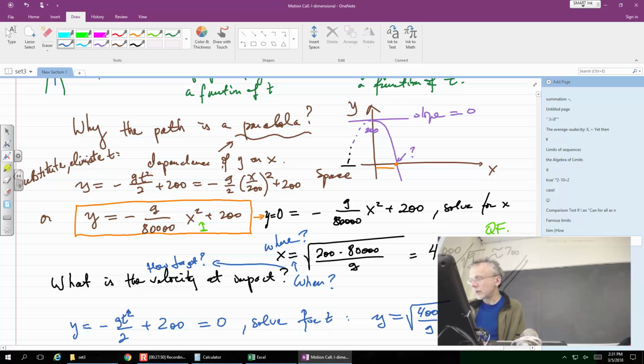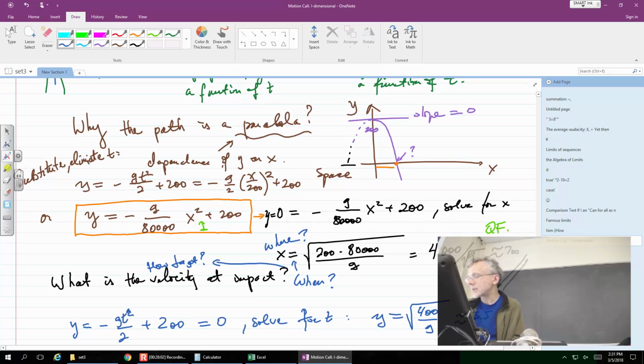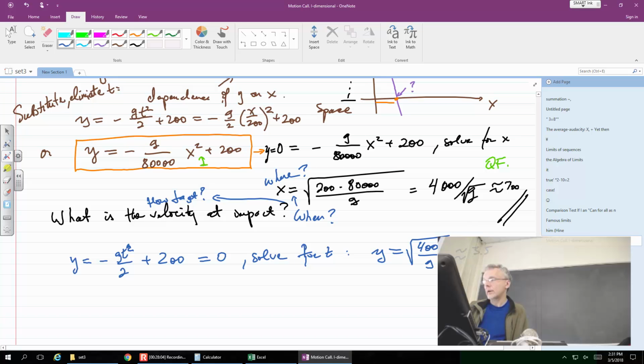Okay, so it's approximately 3.5 seconds. That's approximately how long it takes to hit the ground. It's not a y, it's a t right here. So for t we found it takes about 3.5 seconds to hit the ground, y equal to 0.